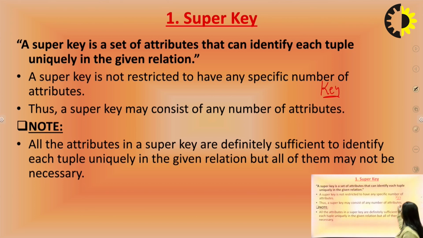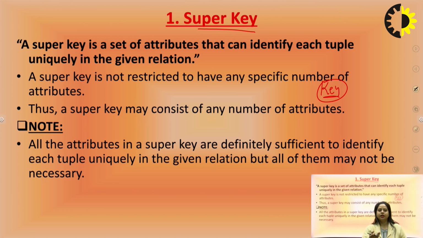So key is not a keyword in DBMS. Whatever you have studied till now regarding the key, I'm talking about the super key. So what is a super key? A super key is a set of attributes that can identify each tuple uniquely in a given relation.